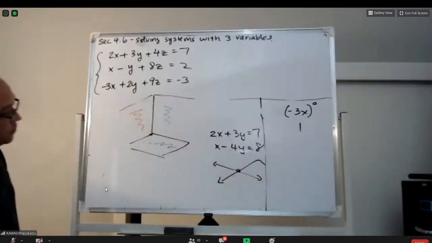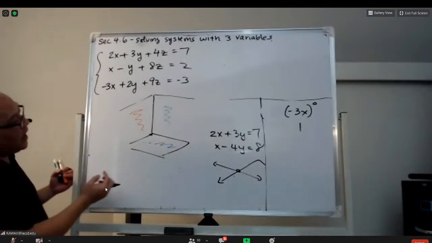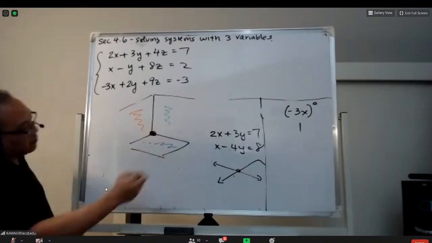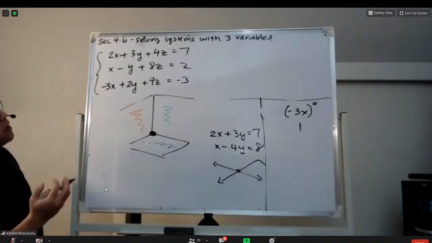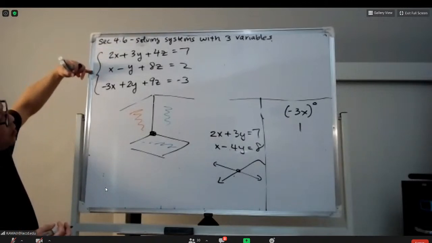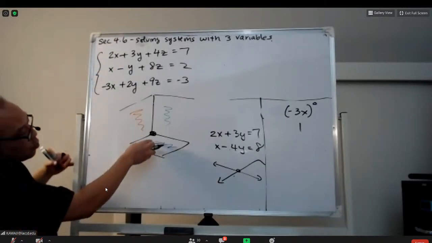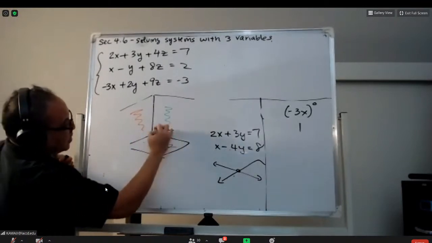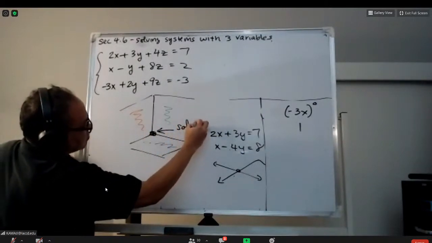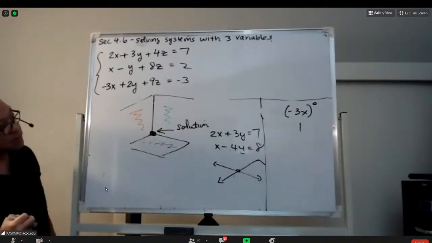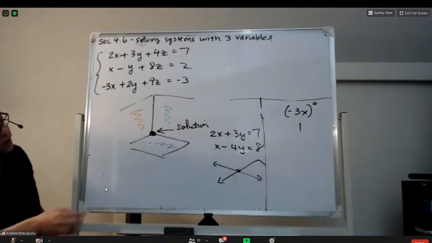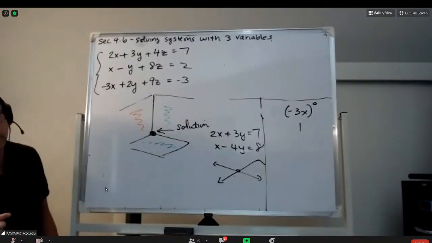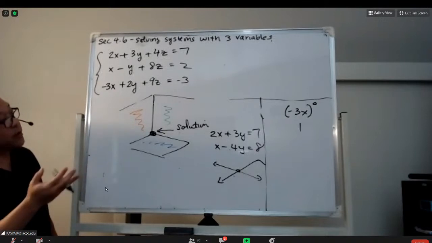That's my solution. So if you ask me, where do the orange, green, and blue planes intersect? In the corner. So what you're looking for is, here's a wall, here's a wall, here's a wall. Where's the corner where all 3 walls meet? And this basically becomes your solution. The solution is, where do these 3 planes meet? In the corner. And that's what we're going to work on tomorrow.